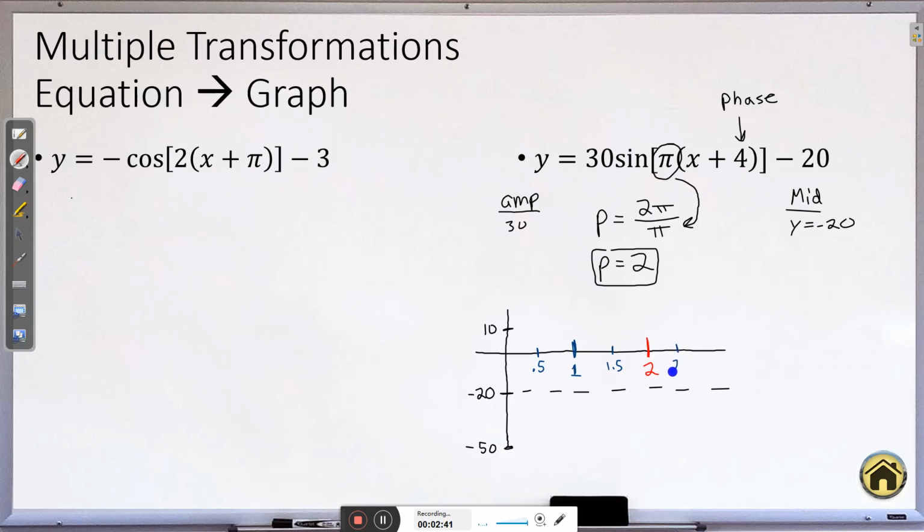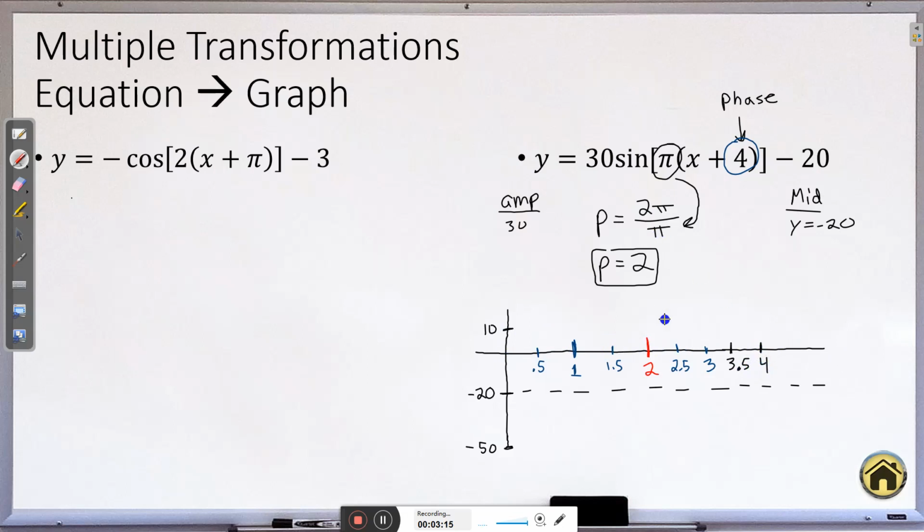So this one will be 2.5, 3, etc. And my phase shift, ooh, it looks like I have to keep going. I have to go all the way to 4. So let me extend my graph a little bit farther. So the next one would have been 3.5. And then this one would have been 4. So that is technically my starting point. It's been slid all the way to here.